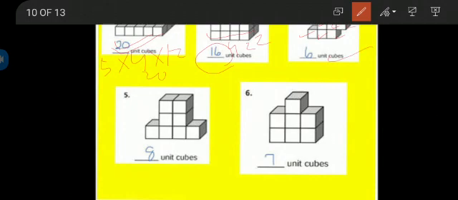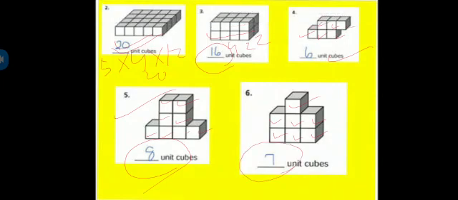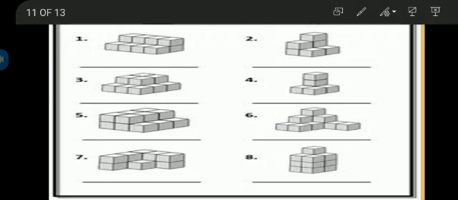Here you can see in this picture 1 2 3 4, then 5 6 7 8, that is 8 cubic units. Here you can see 1 2 3 4 5 6 7, 7 cubic units. Okay, so now another worksheet given: 1 2 3 4 5 6 7 8, that is your 8 cubic units.